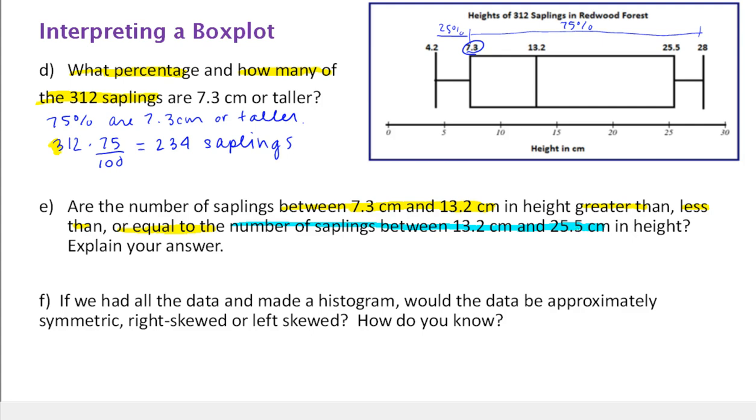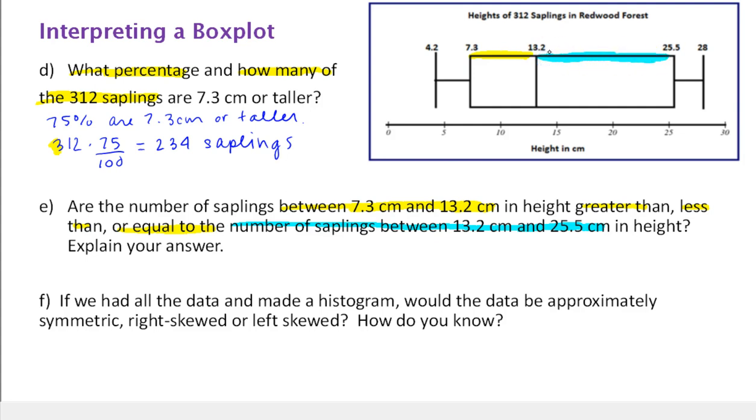So let's clean this up a little bit. The saplings between 7.3 and 13.2, this range right here, it wants us to compare to the number of saplings between 13.2 and 25.5. And I alluded to this question earlier.